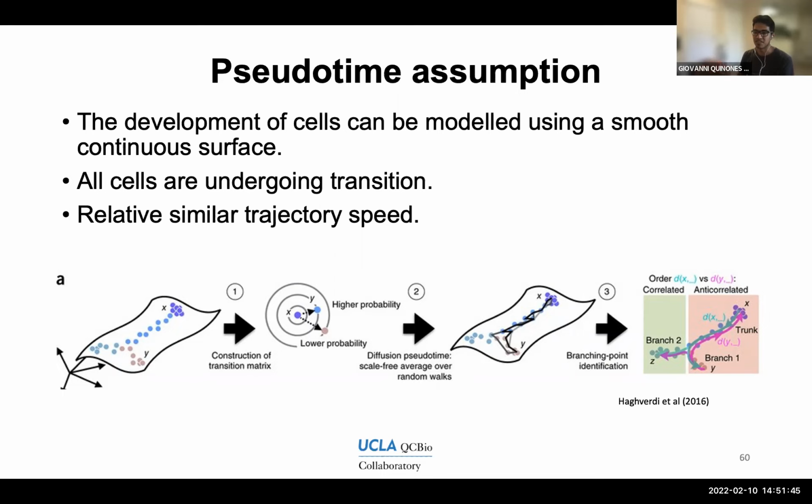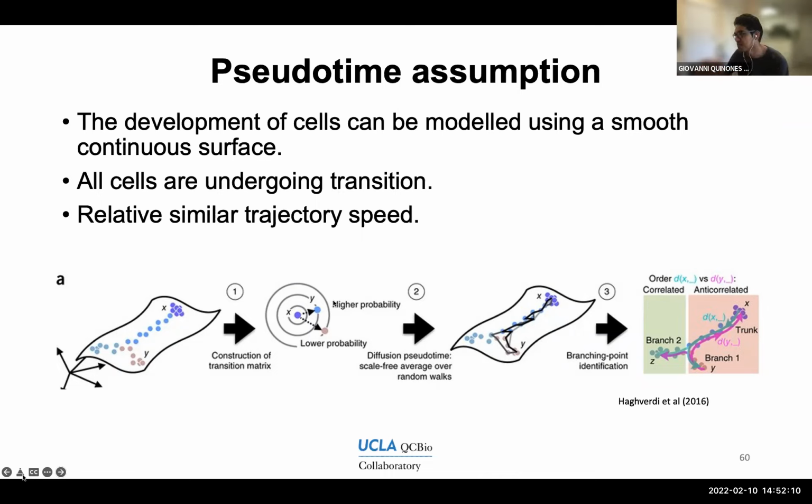There are actually ways to deal with that, but it's a little more sophisticated. So what this assumption is getting at is that because we're looking at a one-dimensional projection of our data, or actually, one smooth surface of our data, we can't really consider very complex transitions.